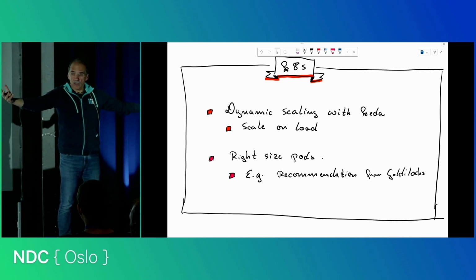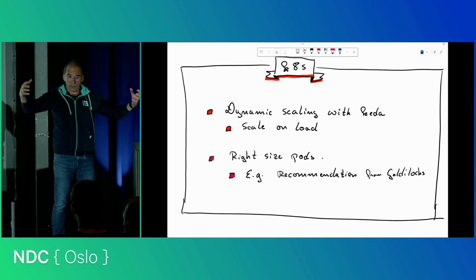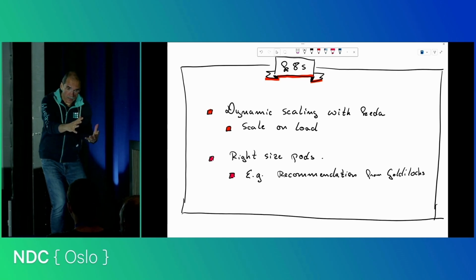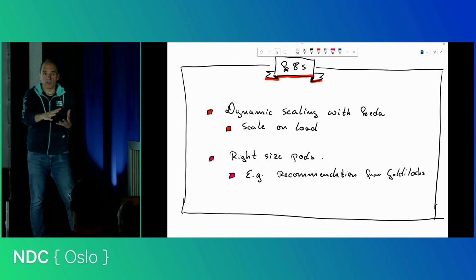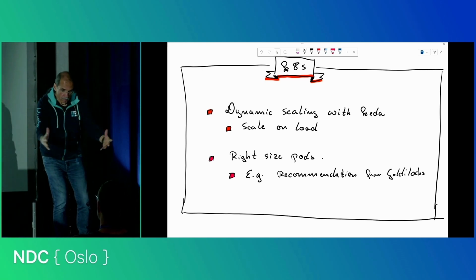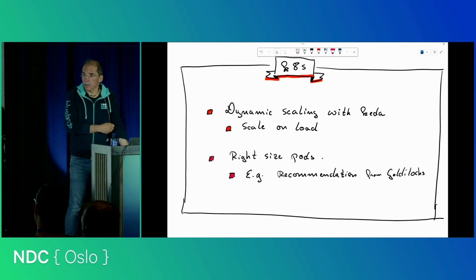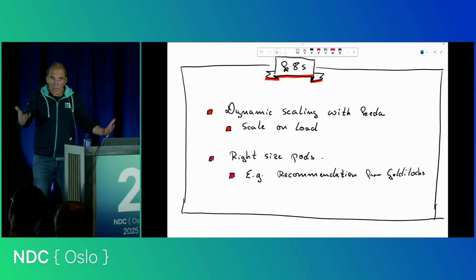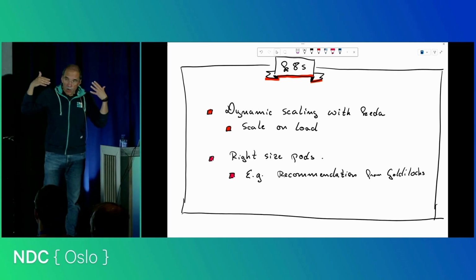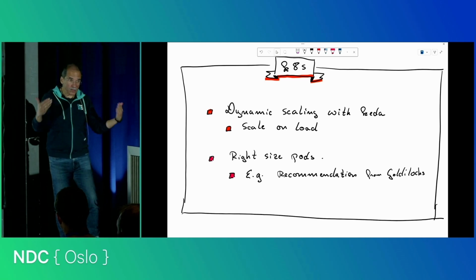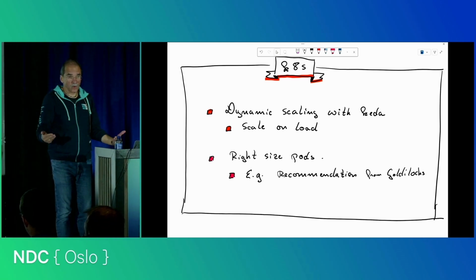And if the load goes down, then KEDA will decrease the number of pods, and then the cluster manager will also shut down nodes. So, standard solution. Cost saving, really cost saving, very easy to handle.